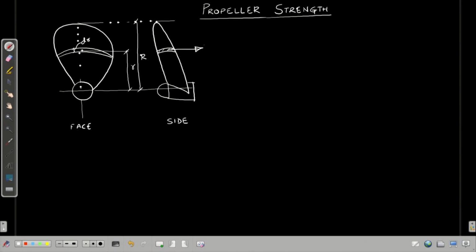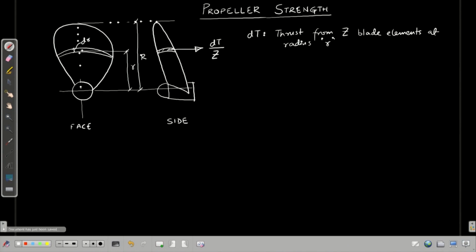The thrust force is dT by Z, where dT is the thrust produced by Z blade elements at radius r, and each of these elements has thickness dr. So, for one blade element, if we have Z as the number of blades, the thrust component is dT by Z. Due to that, we will have a moment calculated at the root of the propeller blade.